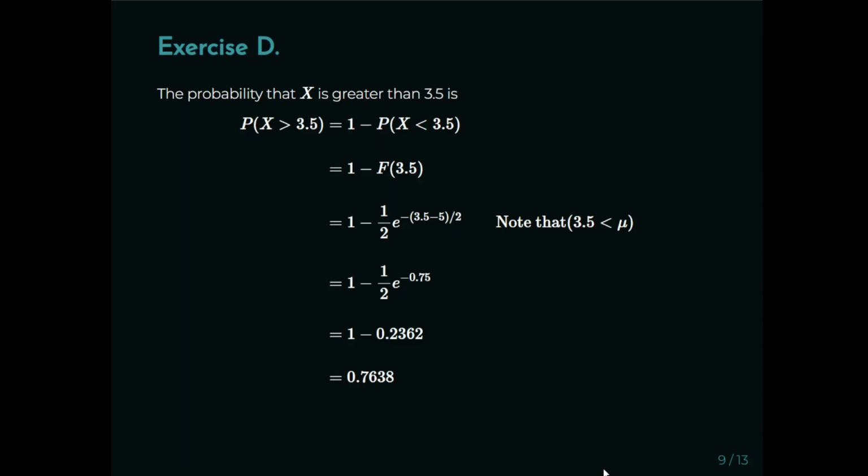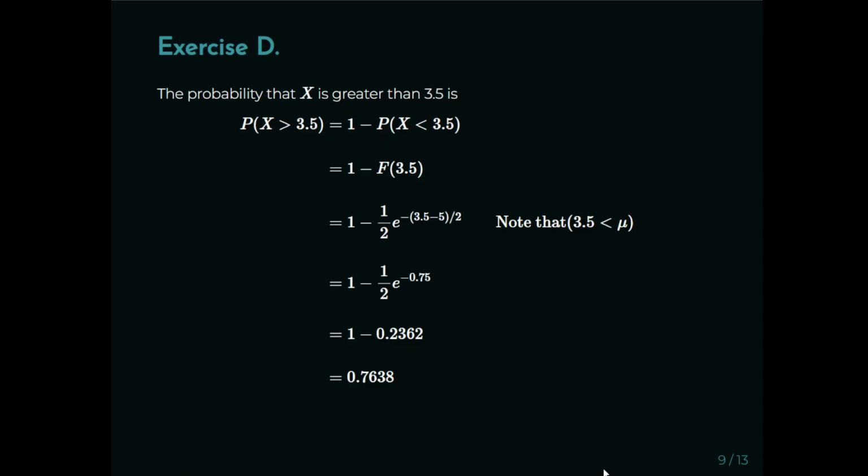Now, find the probability that x is greater than 3.5. The probability x is greater than 3.5 is 1 minus the probability of x being less than 3.5. So that's 1 minus the cumulative distribution of 3.5, and that is 1 minus 1/2 of the exponential of minus 3.5 minus 5 divided by 2.